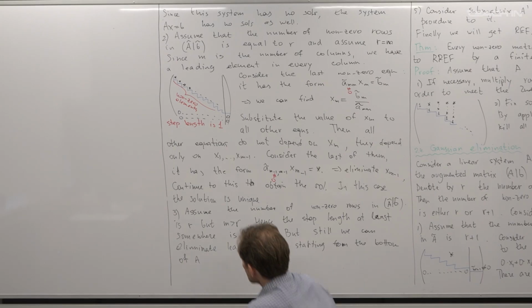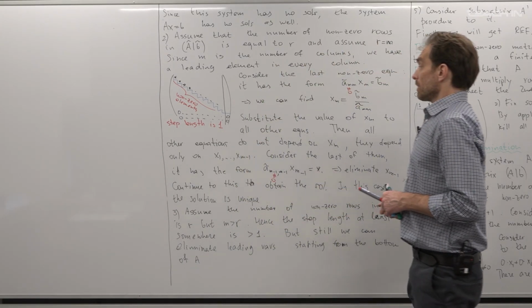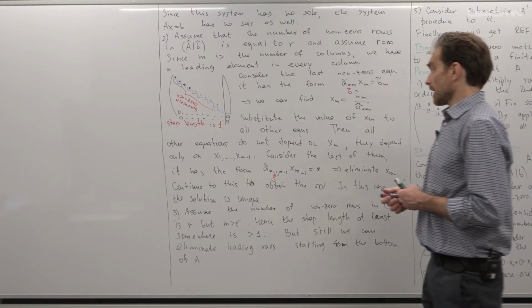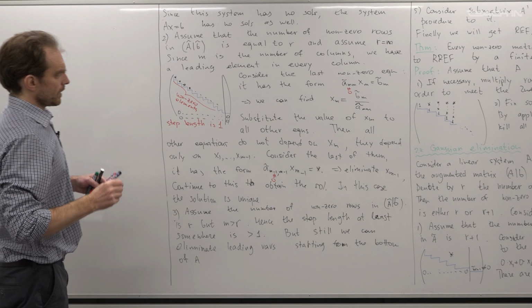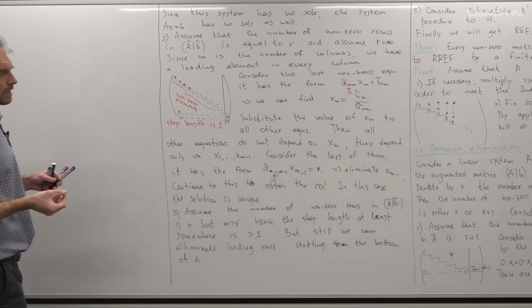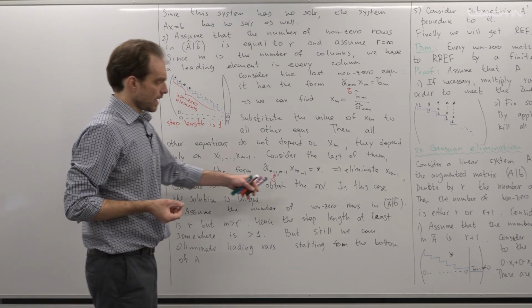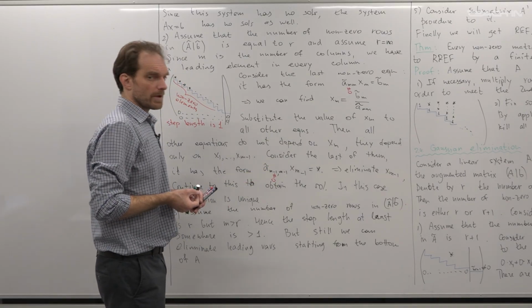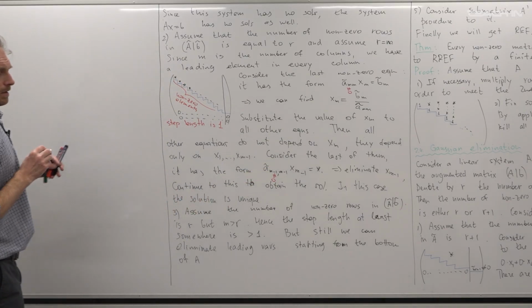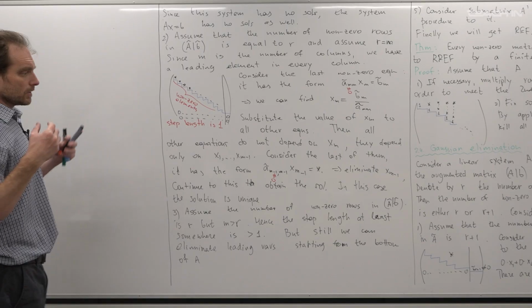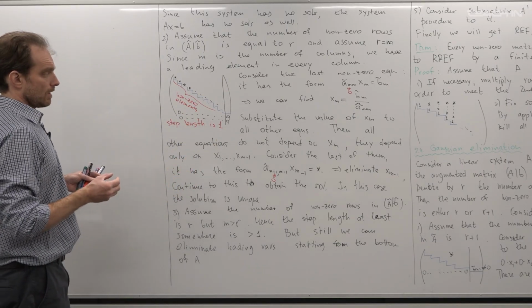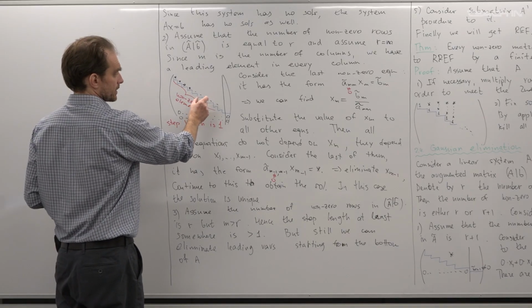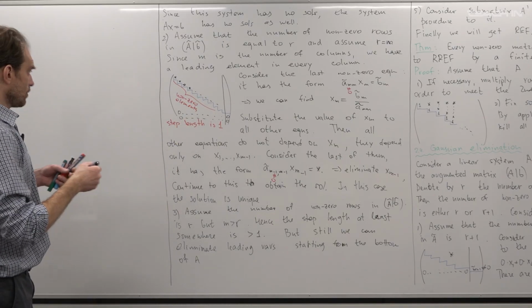So we repeat the same procedure, but with the only difference that if somewhere the step length is greater than 1, then our leading variable can be expressed not only in terms of the numbers that are here, but in terms of the other variables that are in between. So what do I mean?